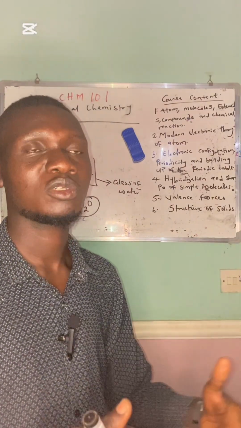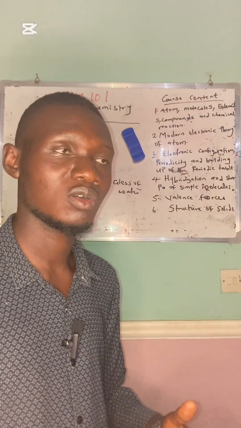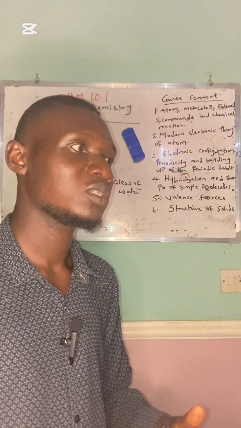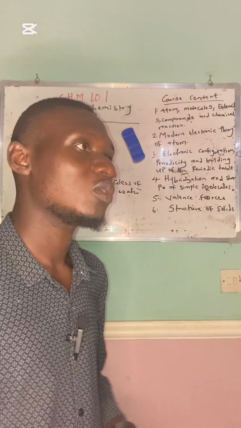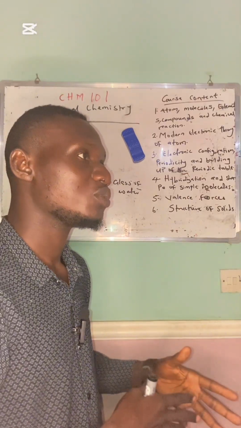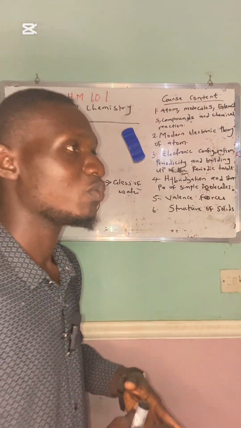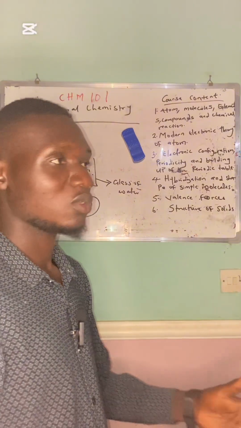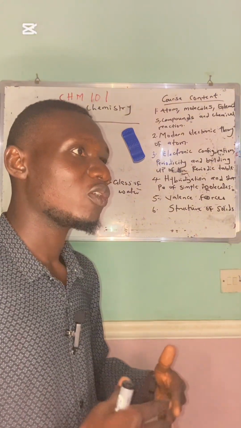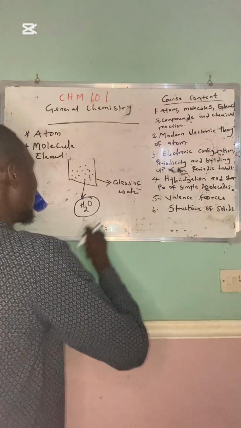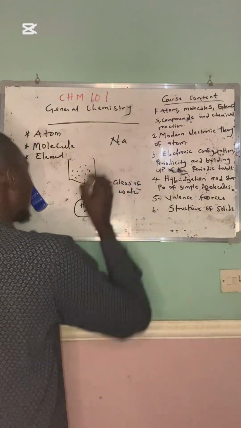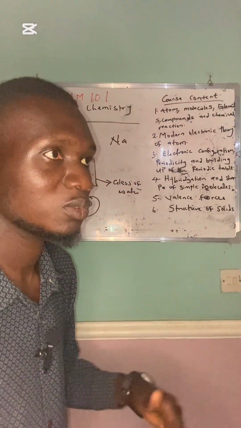Yes, it is a pure substance which cannot be split into simpler units in a chemical process. What we mean by split into simpler units is, when we say chemical process, we mean when it involves this element. For instance, let me give you one example. I have sodium. Sodium is a group 1 element.